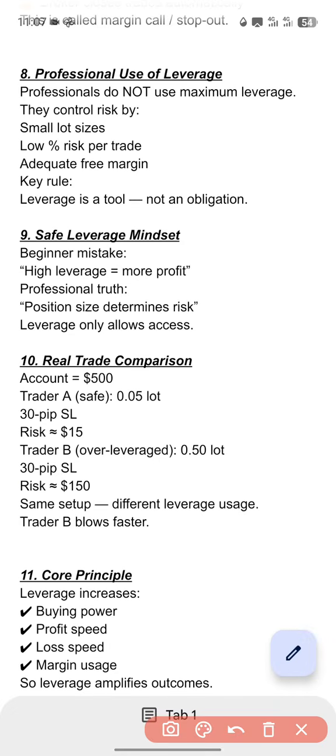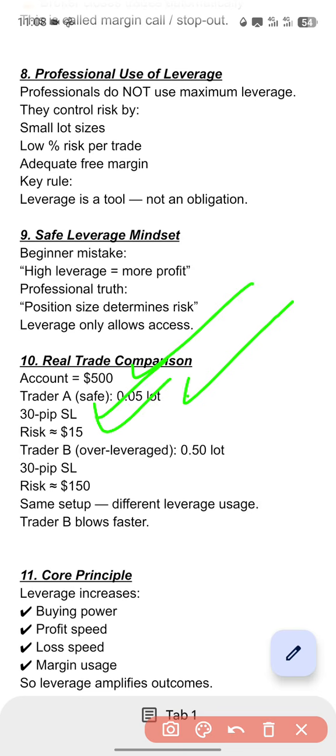Now, this is a real trade comparison. Let's say you have an account balance of $500. Trade A, safe. You open a trade of 0.05 lot, your SL, that's your stop loss, is positioned at 30 pips, which means we are risking $15.